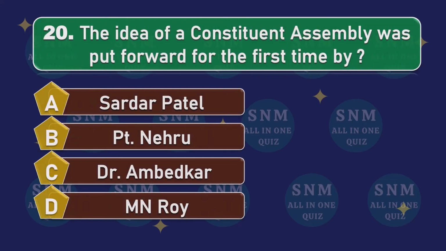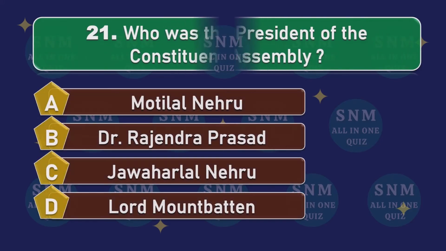The idea of a Constituent Assembly was put forward for the first time by M.N. Roy. Who was the President of the Constituent Assembly?